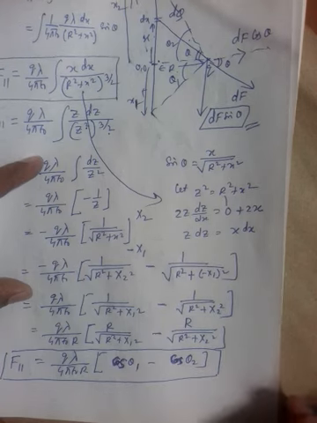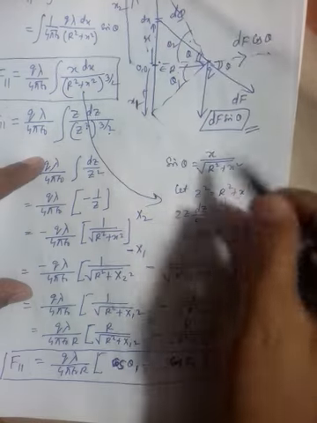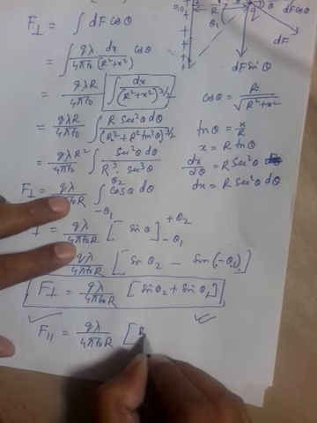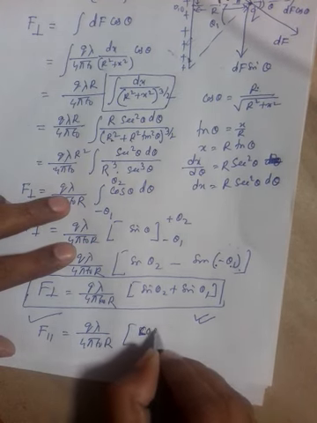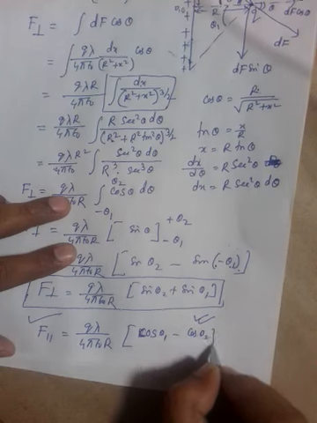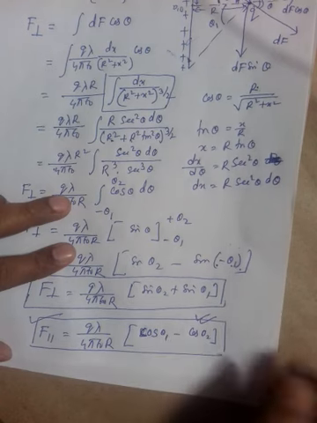So force in parallel direction comes in cos, and force in perpendicular direction was in sine. This is the answer in sine. Now the answer should come out in cos: cos of theta 1 minus cos of theta 2. There was a slight calculation mistake in the last step for force in parallel direction.